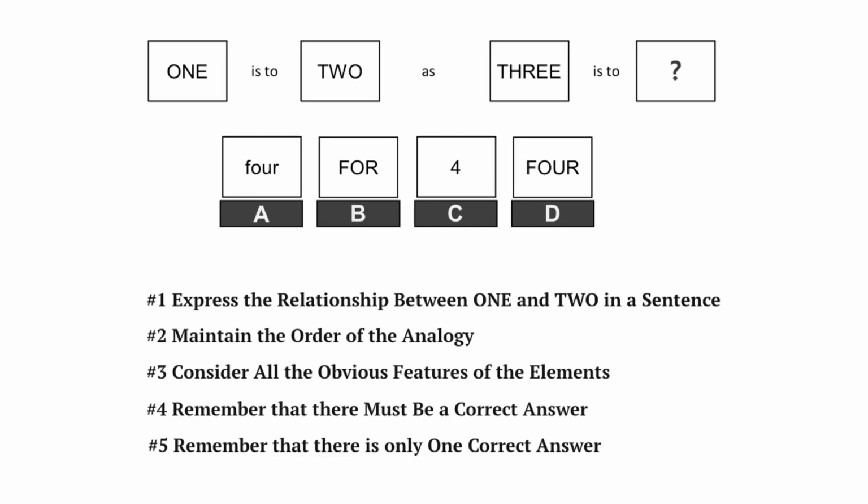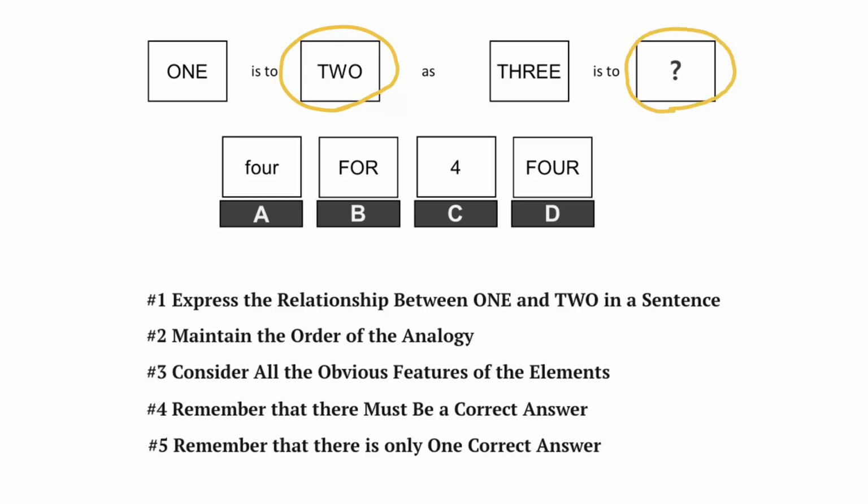Then we have essential rule number 2, maintain the order of the analogy. So this one may be a little bit confusing. What's meant by this is that 1 and 3 are in some ways a pair. 1 and 3 are related in the same way that element 2 and element 4 are related.